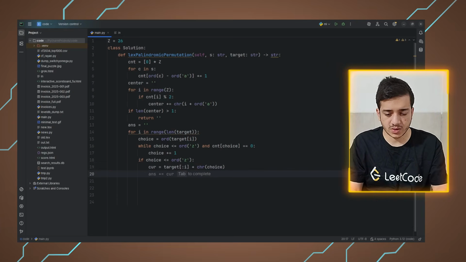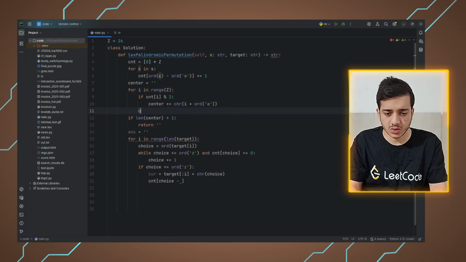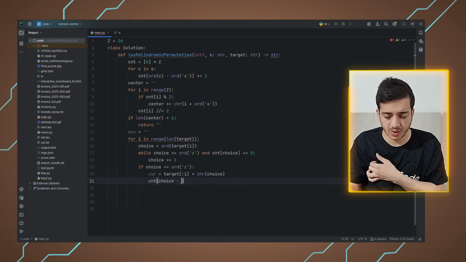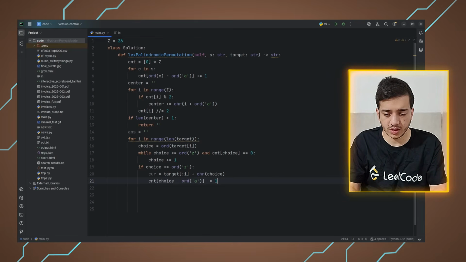Then CNT of choice minus, center of I divided by 2. Center of choice minus or d of A. Okay, I get plus.